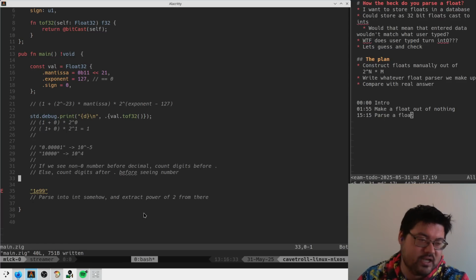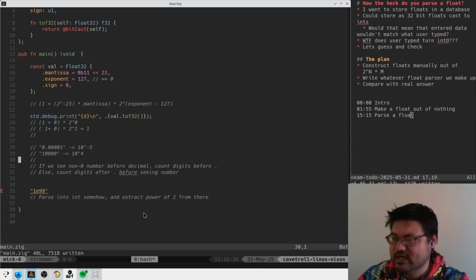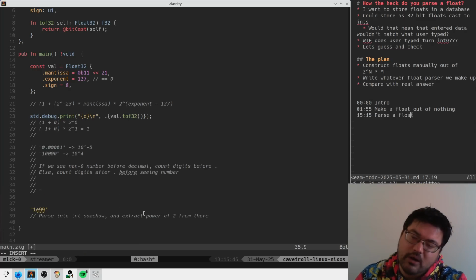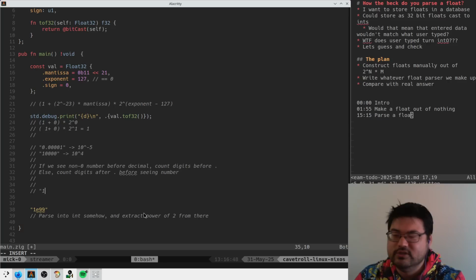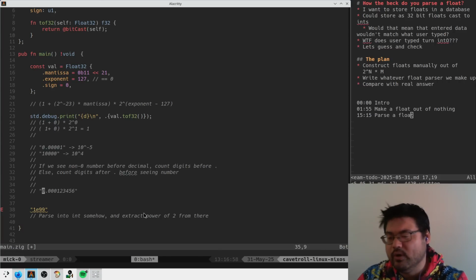I guess what you're saying is kind of reasonable too. You're saying I'm thinking about it backwards because you only get 23 significant bits, so starting with the 23 significant bits, then finding the power later does make sense. So the other option is that we have 0.00123456, and the interesting part of this number is the 123456 starting at the biggest digit.